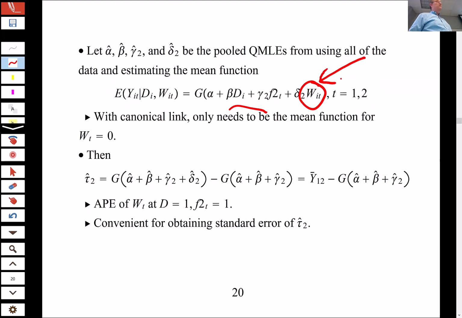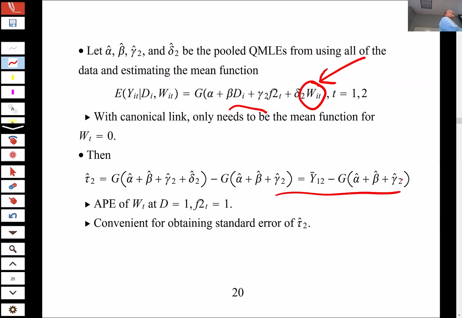We do the partial effect with respect to this binary time-varying treatment indicator in the second time period and for the treated units. You will see that this is exactly what Stata calls the average marginal effect.